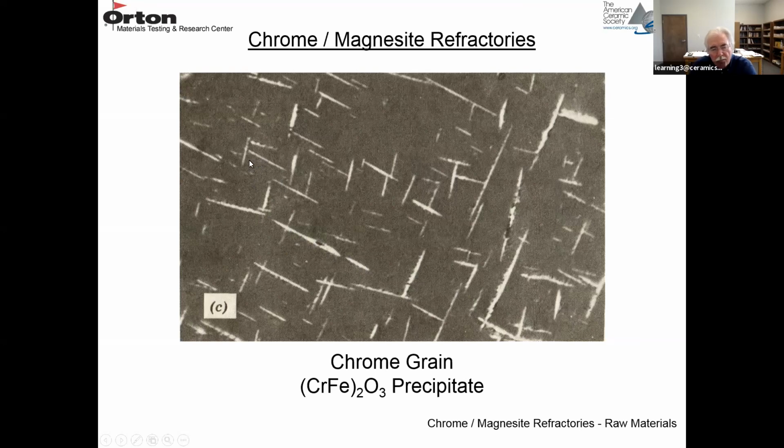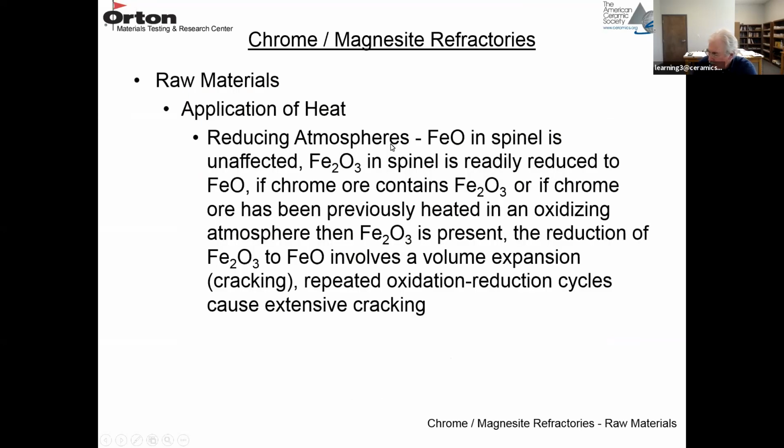If you heat it in an atmosphere that's reducing, a low amount of oxygen present, the FeO in the spinel is unaffected. It's stable in a reducing atmosphere, but now the Fe2O3 is readily reduced to FeO.